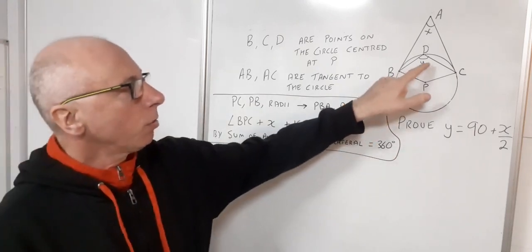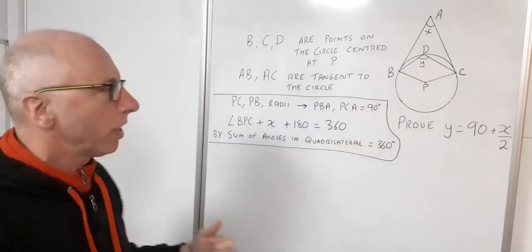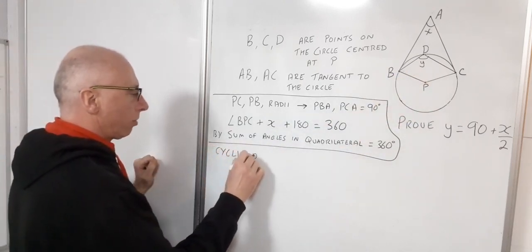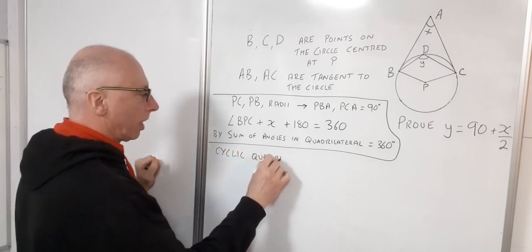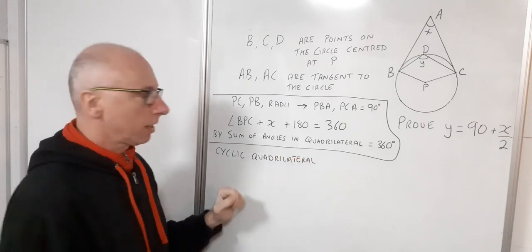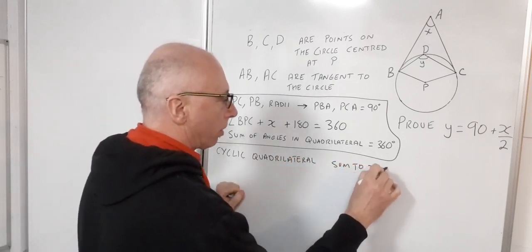Now we've got another quadrilateral inside. Now this one here is a cyclic quadrilateral. So in a cyclic quadrilateral, what we've got is the angles inside still add up to 360. So sum to 360 degrees.